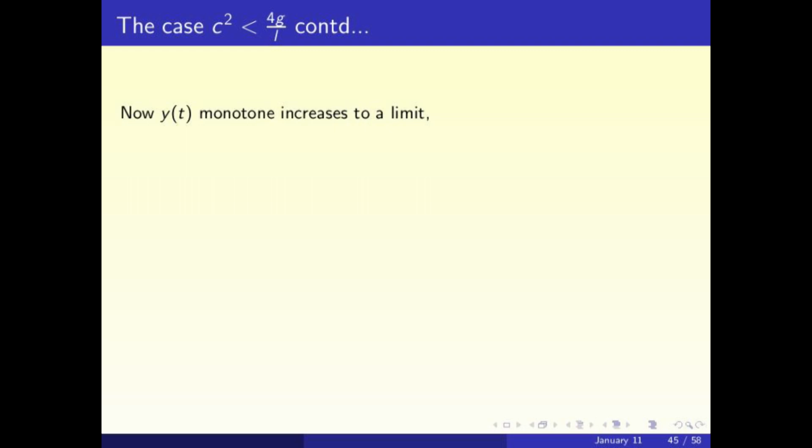So what do we have? We have that as t tends to infinity, y of t has a finite limit alpha, which is less than pi, and y prime of t has a limit, and this limit, as we have seen, is 0. Now where do we go from here? Observe that y double prime plus g upon L sin y is 0. Now y has a limit, y prime has a limit, and so this equation tells us that y double prime has a limit as t tends to infinity.